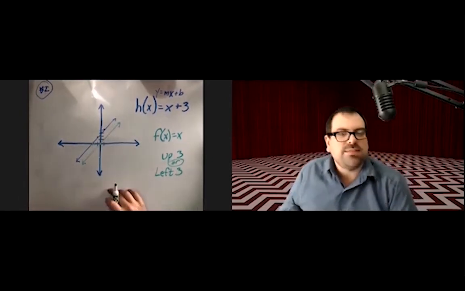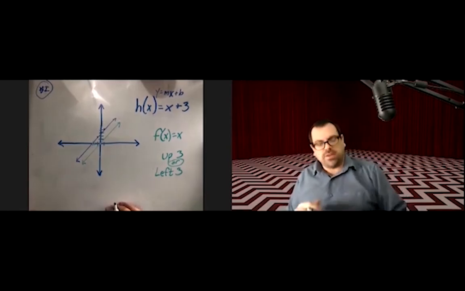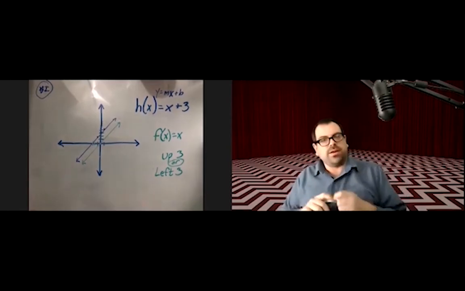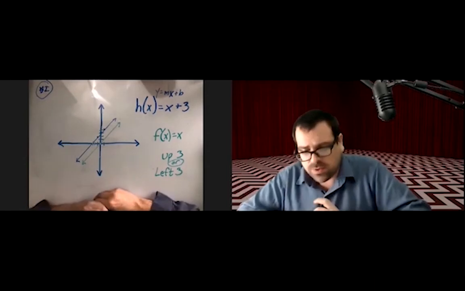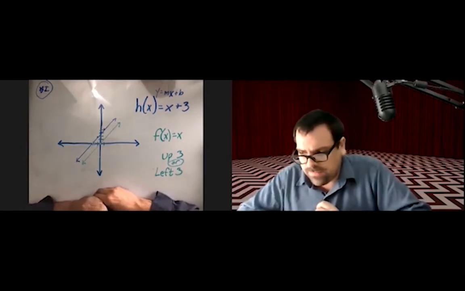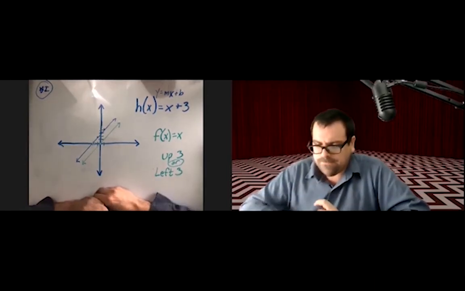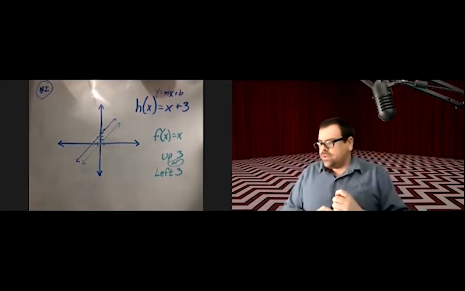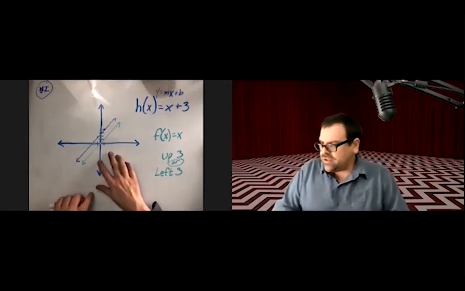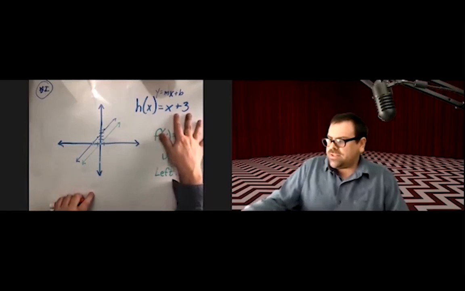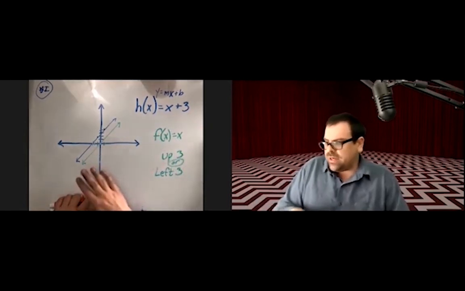And that's what makes this special enough to give it its own category separate from just a regular linear equation. Okay? So with the identity function, a plus 3 here can be considered up 3 or left 3.